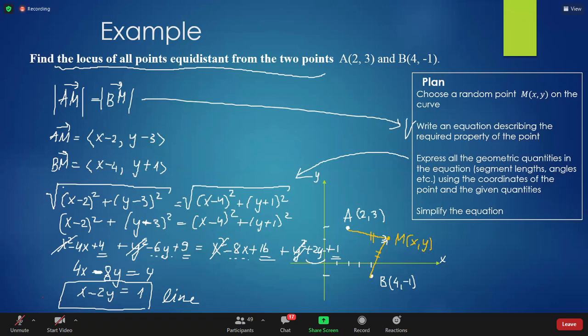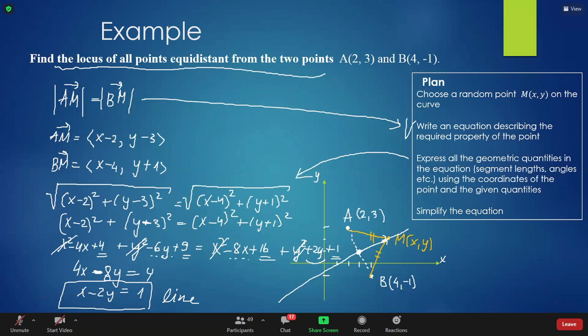But basically, we could actually also mark the midpoint of the segment AB and understand that this is that line. So this is actually the perpendicular bisector of the segment. All points that are equidistant from two given points lie on the perpendicular bisector of the segment.